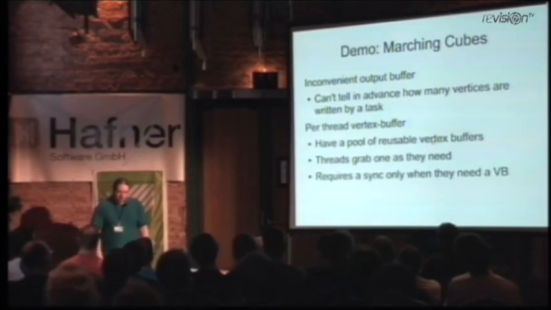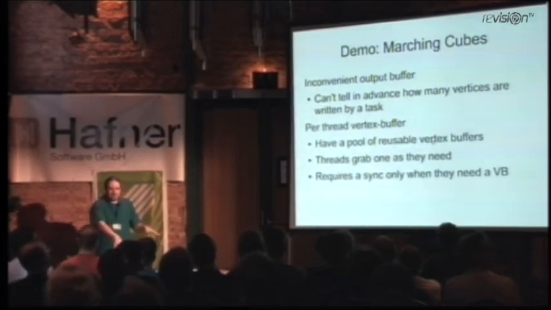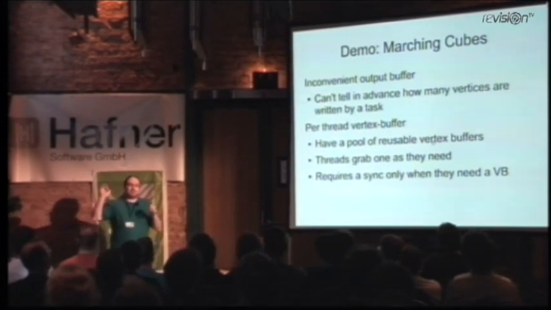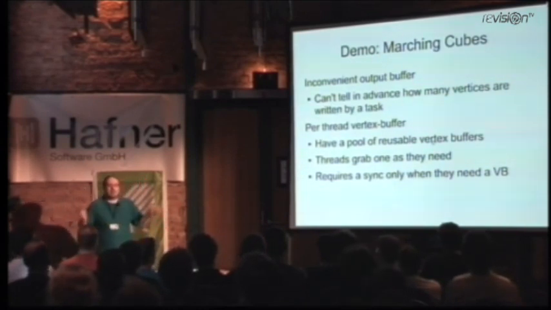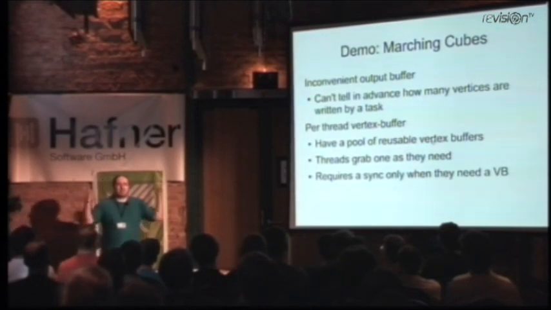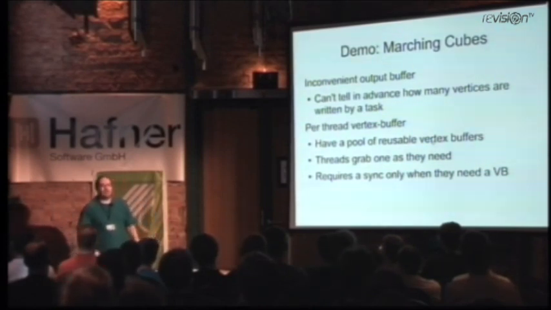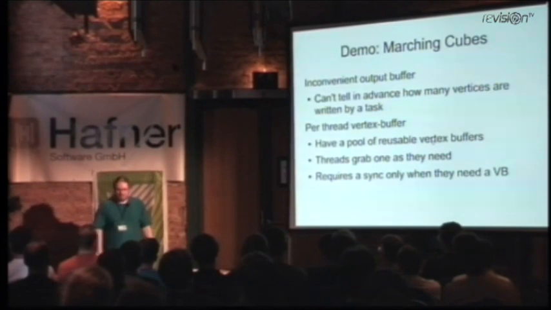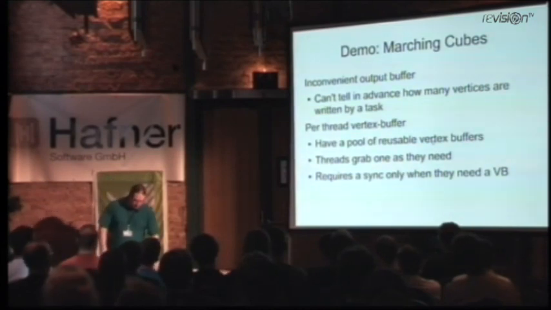This way, we require synchronization every time a thread picks a vertex buffer, but that's only a few times, maybe 20 times or so. It shouldn't be a highly contended place.